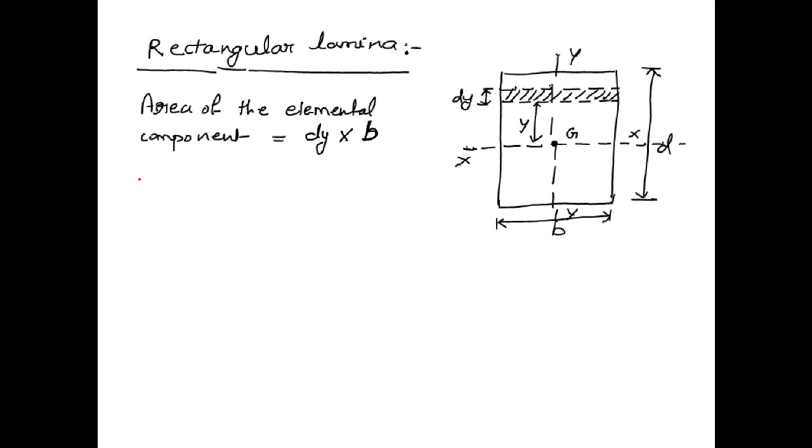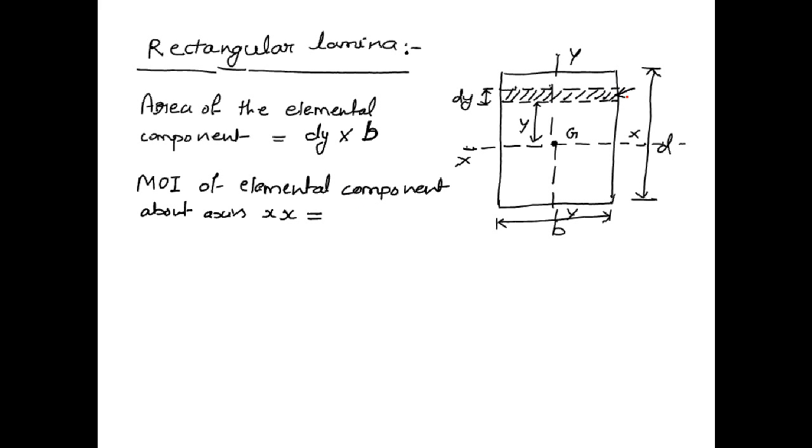Now if I am taking the moment of inertia of this elemental component about axis xx, if the area of this elemental component is dA, it will be dA into y square.